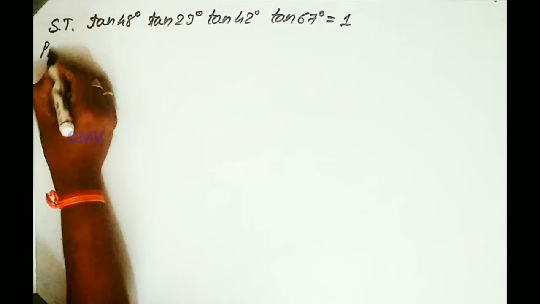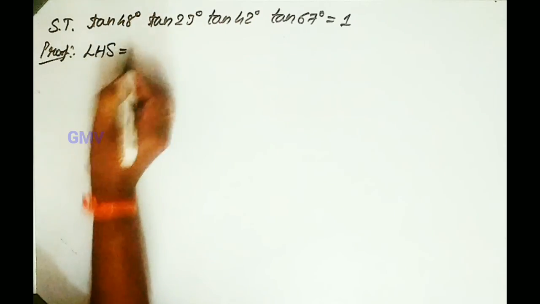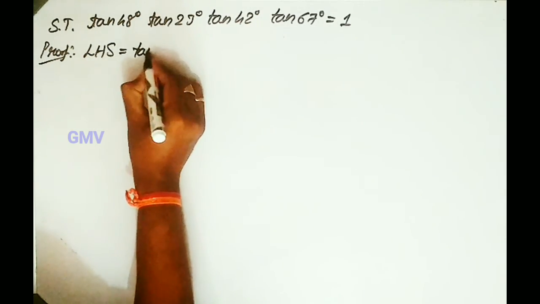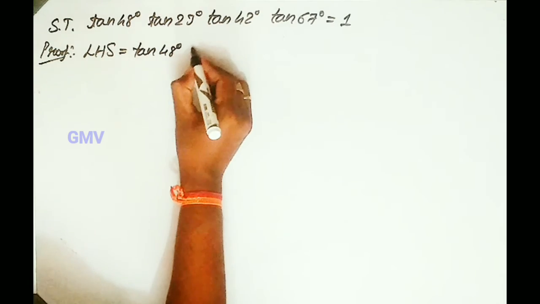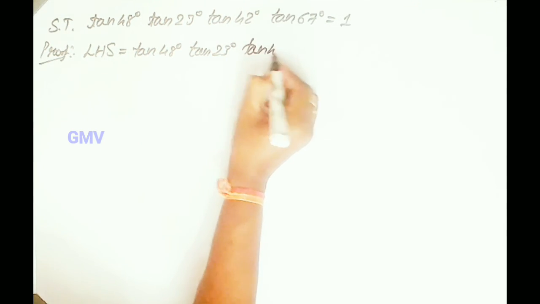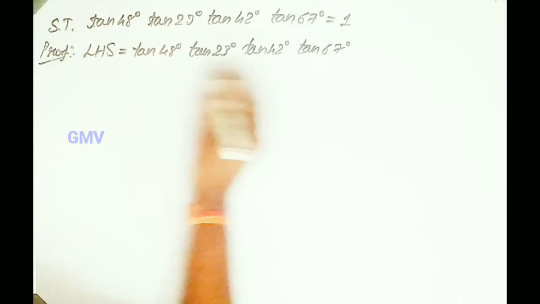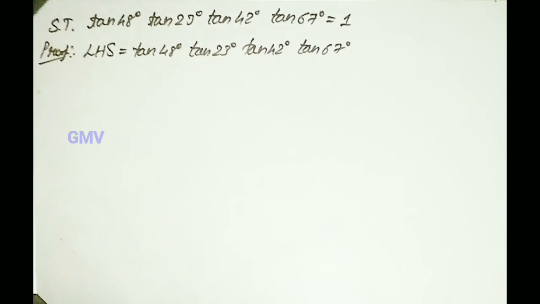So in the proof we have to take LHS now. LHS is equal to tan 48 degree into tan 23 degree into tan 42 degree into tan 67 degree. We have to prove this one is equal to 1.